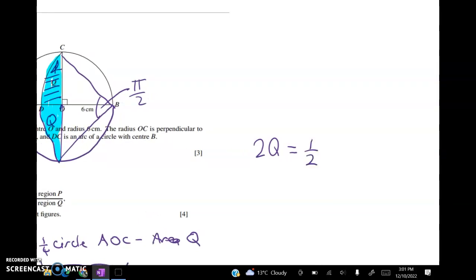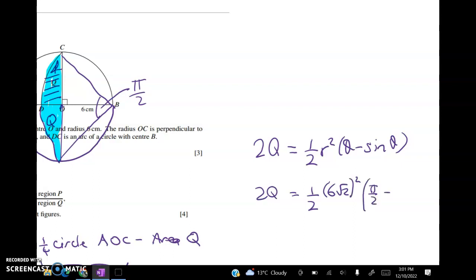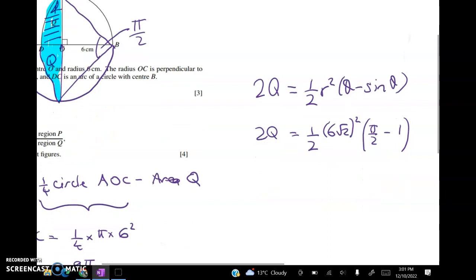The area of a segment is half r squared (theta minus sine theta). And in this case, we're working with the radius, which is 6 root 2 squared, and the angle is pi on 2, and sine of pi on 2 is 1.